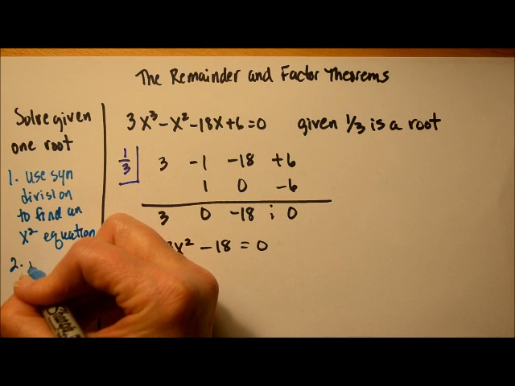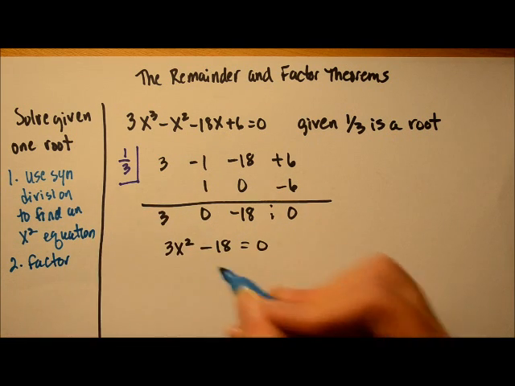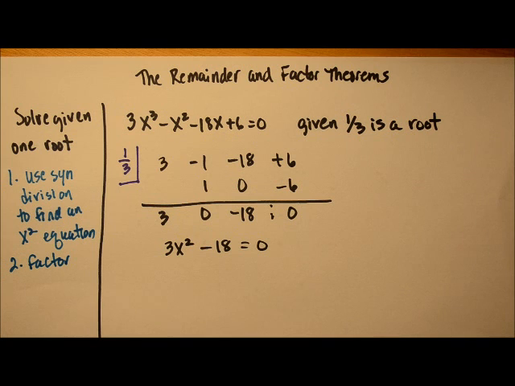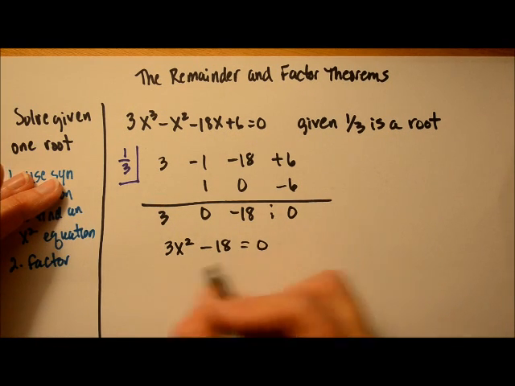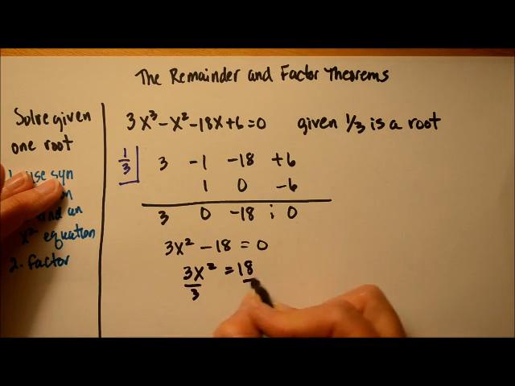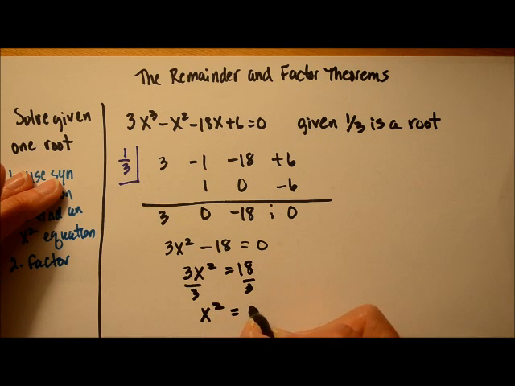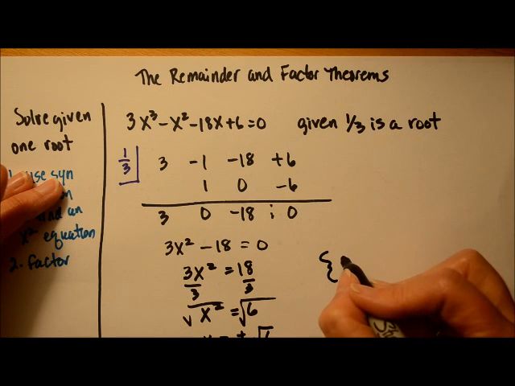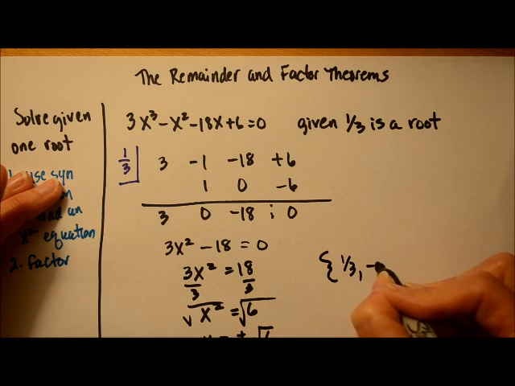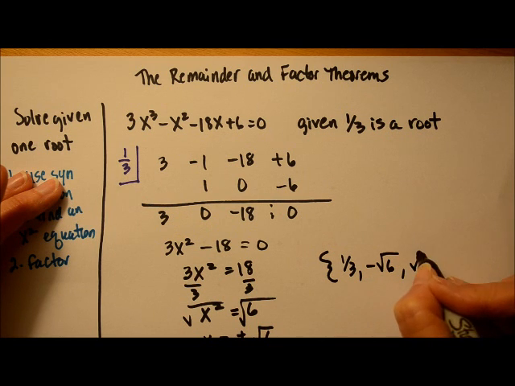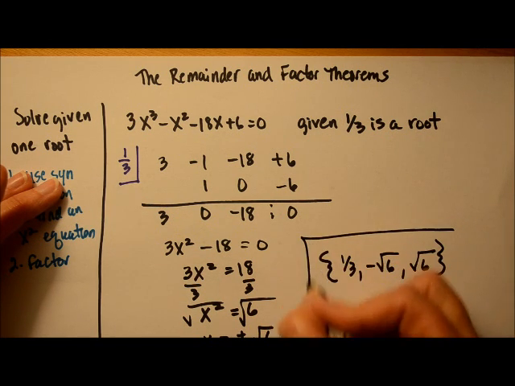And then 2 is factor, and you know how to factor, so you're going to have to factor this. I'm going to add 18 to both sides, so 3x squared equals 18, divide by 3, x squared equals 6, square root, that gives me plus minus, x equals plus or minus square root 6. So what are the roots? They are 1/3, negative square root 6, and positive square root 6.